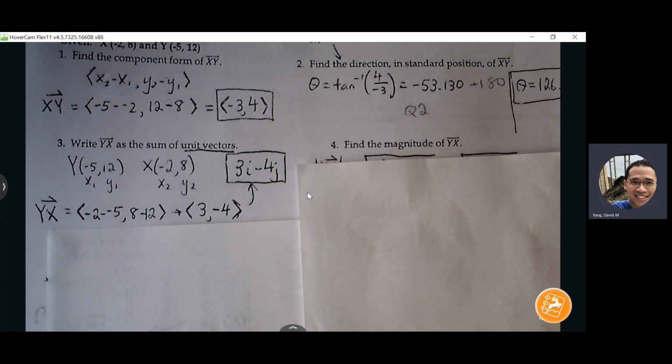Try to make it second one. Right, because this is second quadrant, right? So -3, 4, that's in the second quadrant. So I know that -53 is not a degree measure, that's standard position, so I've got to involve 180.